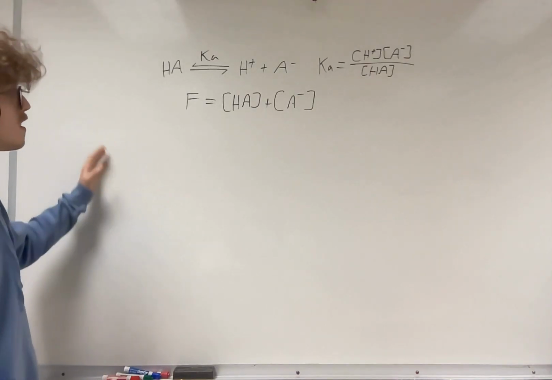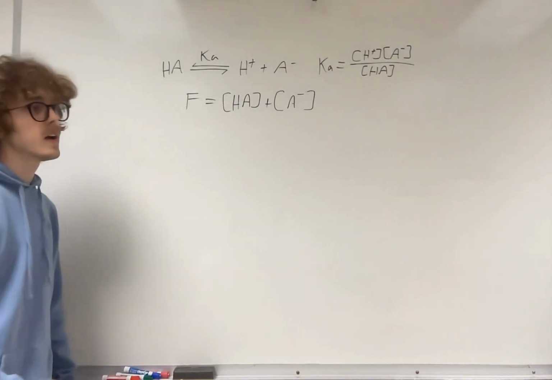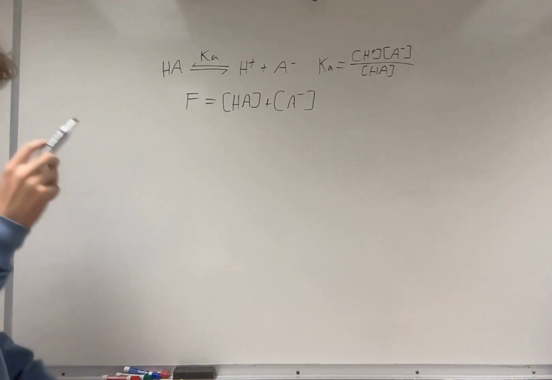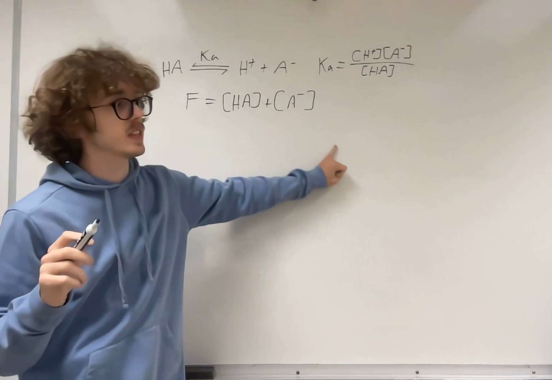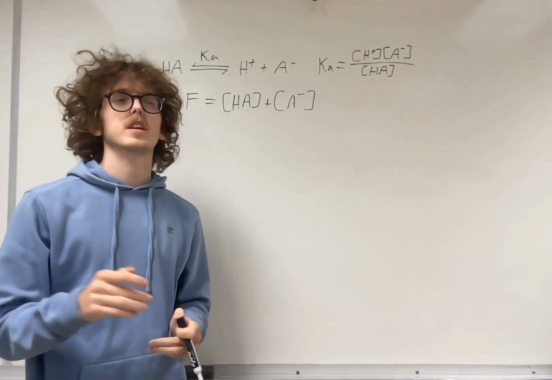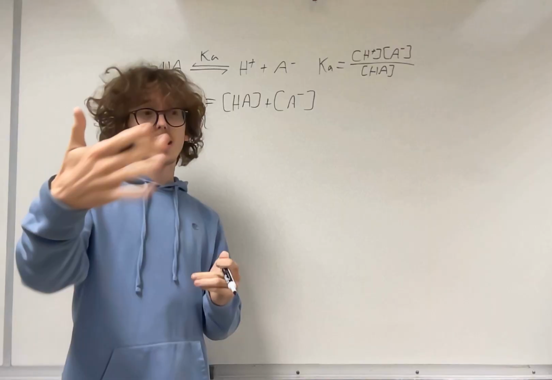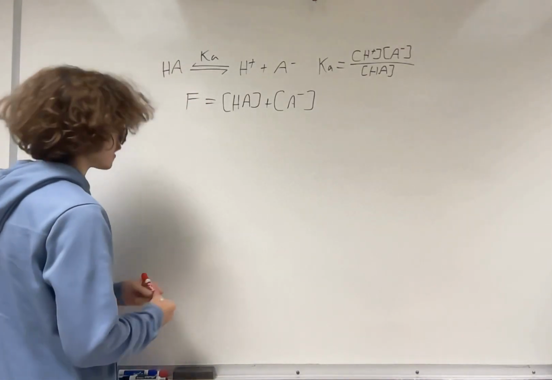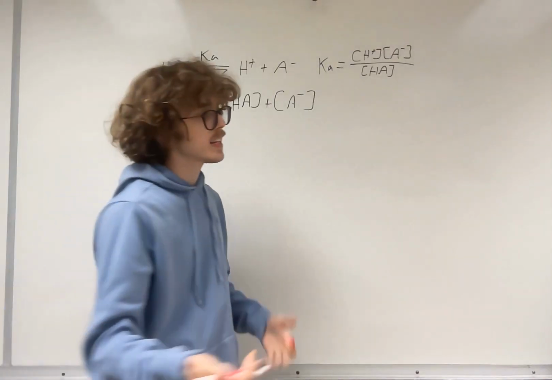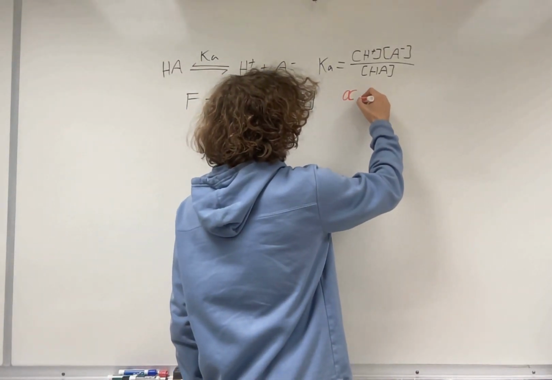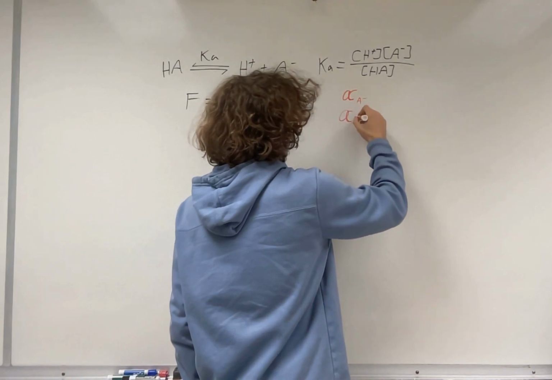Hopefully this isn't too hard to follow so far, but now we're going to ramp things up here. We're going to make a couple of substitutions to this. And I guess it would be helpful to understand what fractional composition actually is. What we're trying to find at the end of the day is alpha A minus and alpha HA.